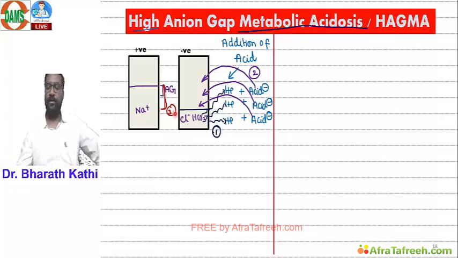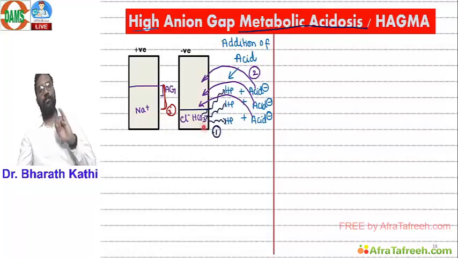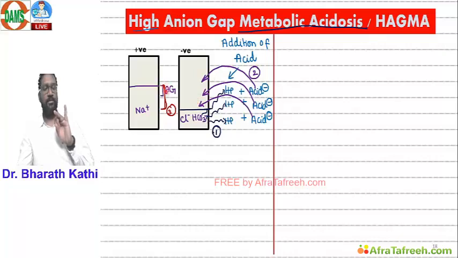So it is called high anion gap metabolic acidosis. What you have to keep in your mind here is, after addition of acid, 3 steps. Bicarbonate consumed as buffer, acid anion being added, both resulting in persistence of high anion gap.